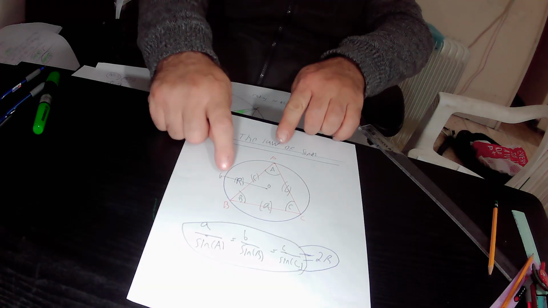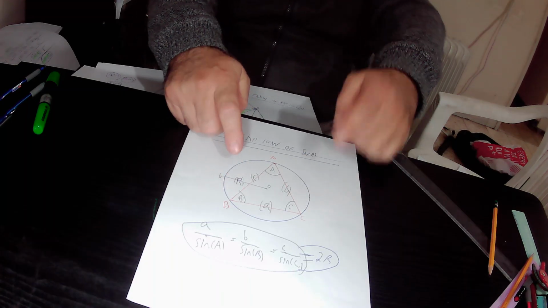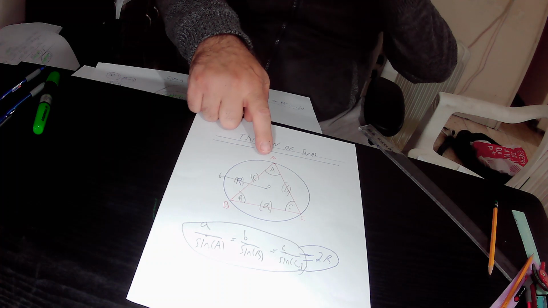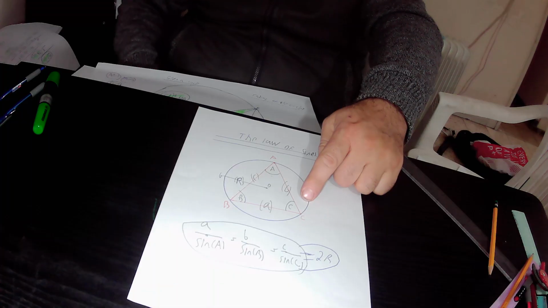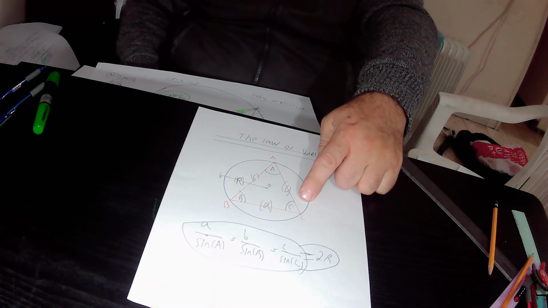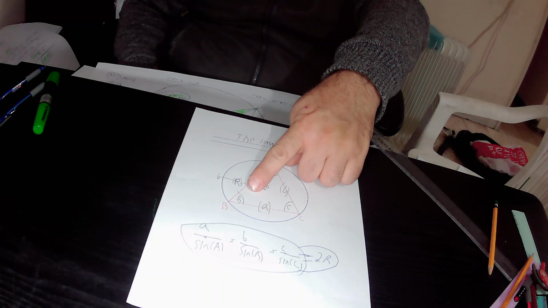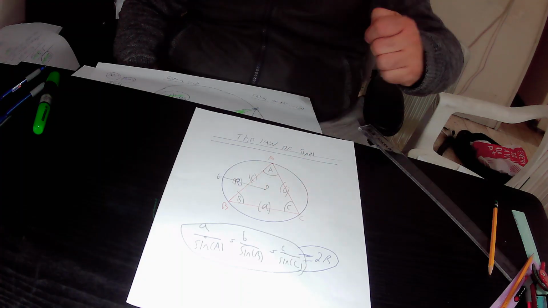Side AB is c, side AC equals b units in its length, side BC equals a units in its length. This is angle BAC, which equals capital A degrees in its size according to our definition. This is angle ACB, which equals capital C degrees, and angle ABC equals capital B degrees in its size.